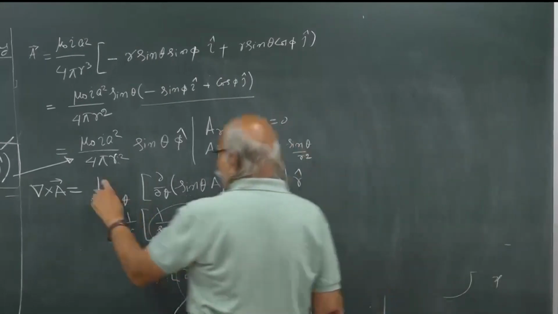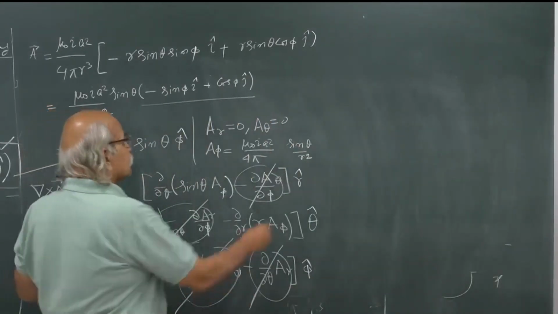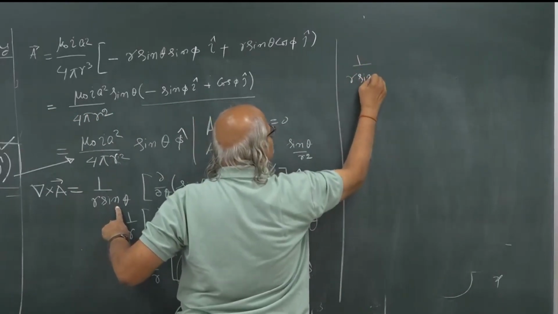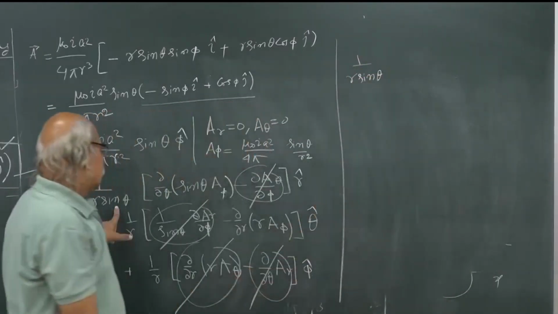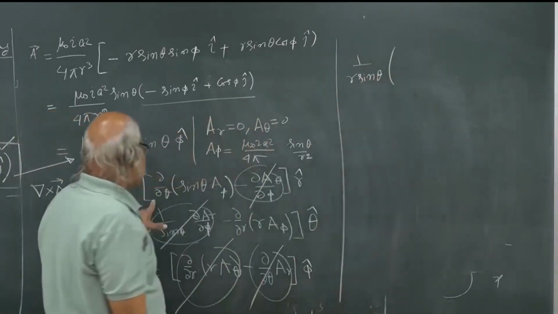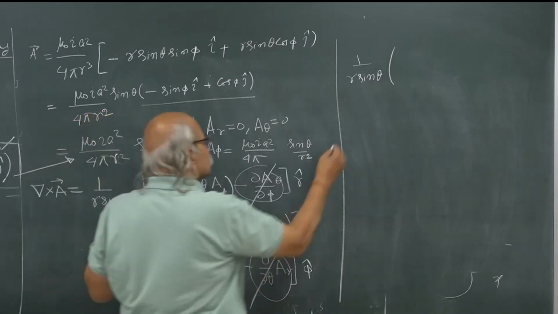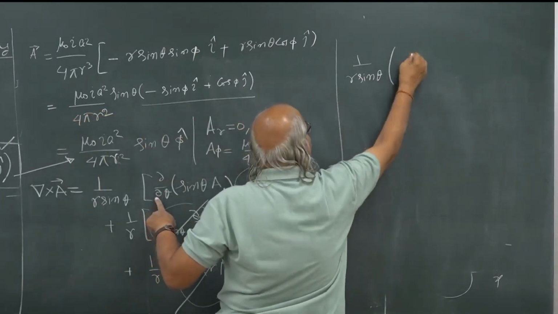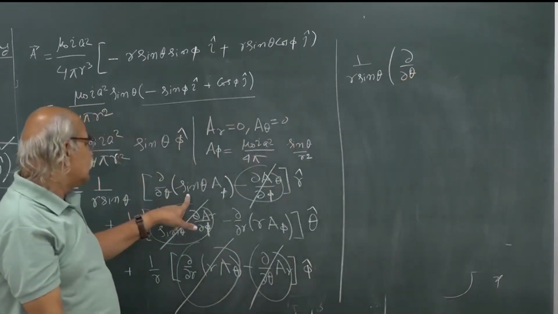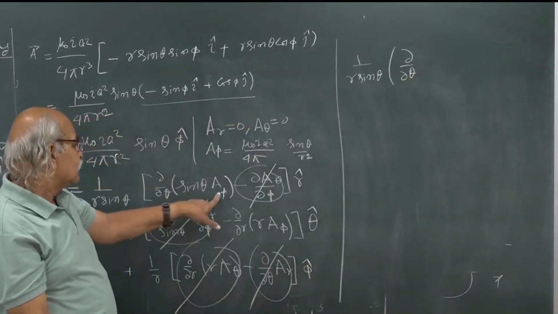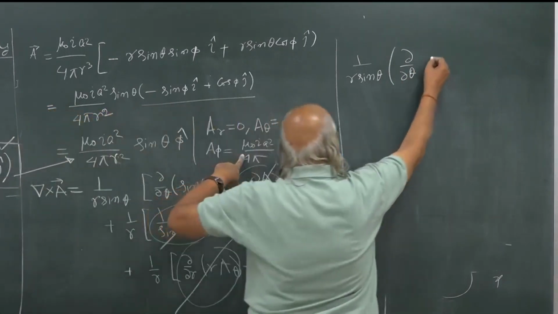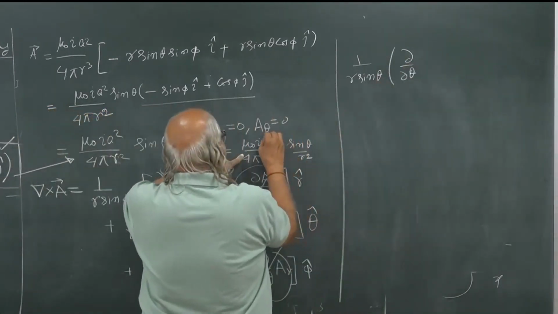So, what is left? 1 by r sin theta, and then bracket, del del theta of what? Sin theta into A_phi. Here is A_phi, here is A_phi. So this will be constant.